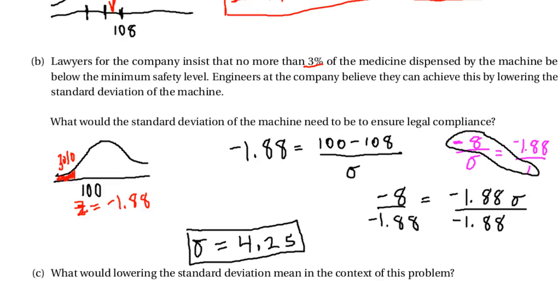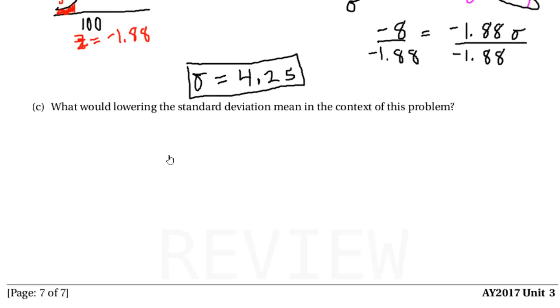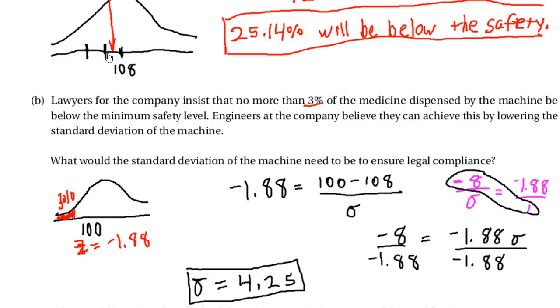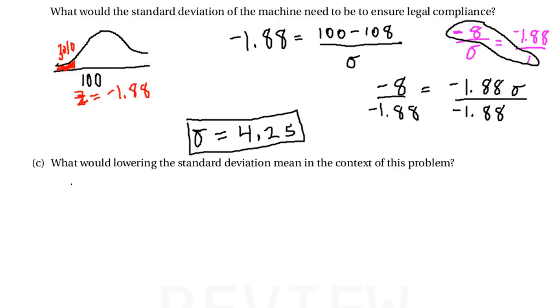Well, this next question is asking, what would a lower standard deviation mean in the context of this problem? Well, remember, standard deviation is how much space there is between these tick marks. If the space between them is getting smaller, that means the machine is giving us less variation.